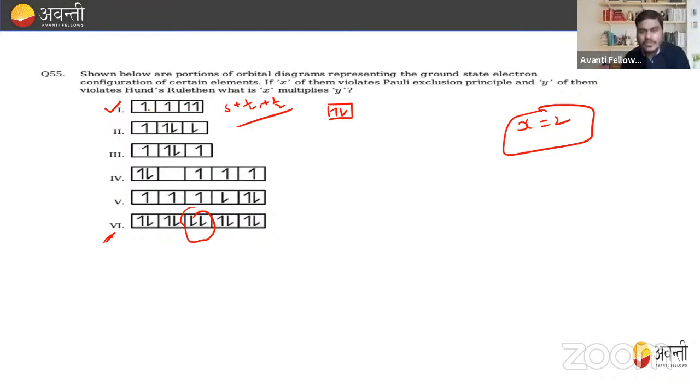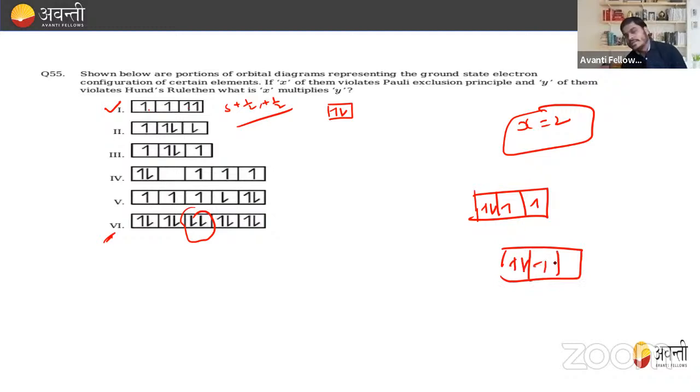Now, according to Hund's rule, electrons are always filled in such a way that if there are three orbitals, then the first electron fills here, second here, third here, then the fourth here. Not like this, where the first and second are both filled here, and then the third. This is not the correct way, right? This is the correct way.